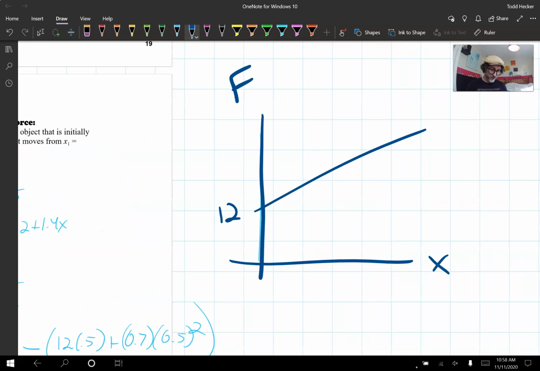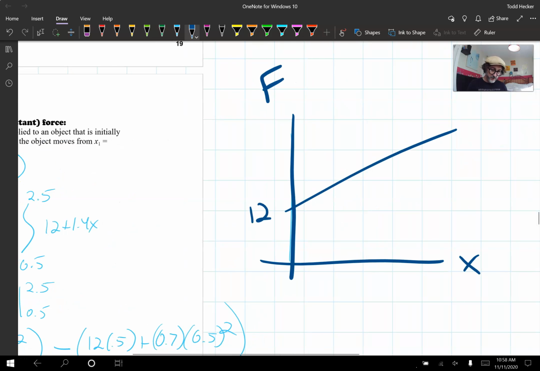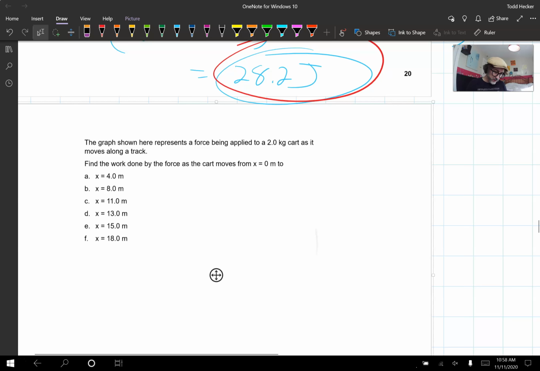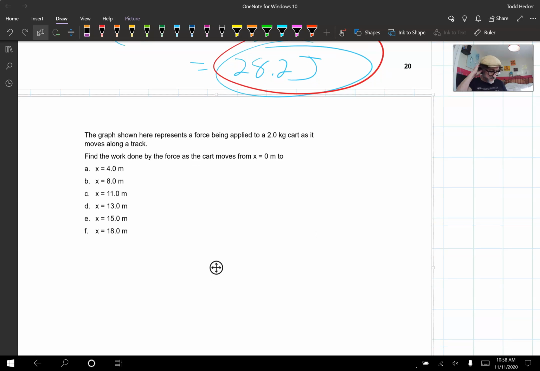And so what you'd be doing then is figuring out what's the area between 0.5 and 2.5. So you'd be finding this area, okay? And that area would give you 28.2 joules, okay?